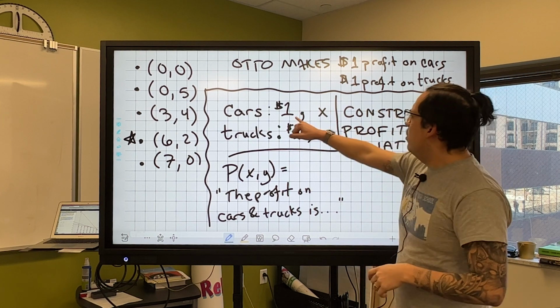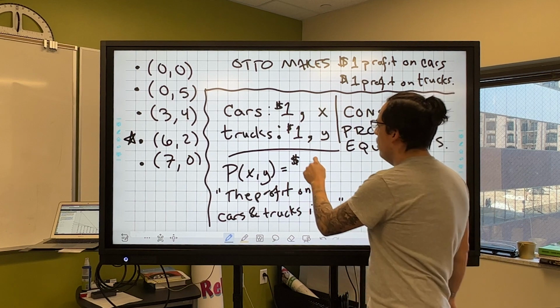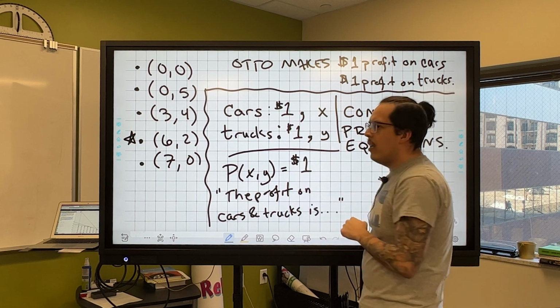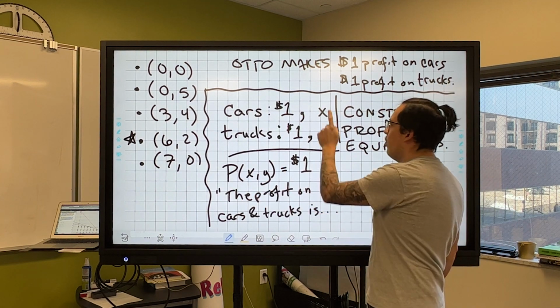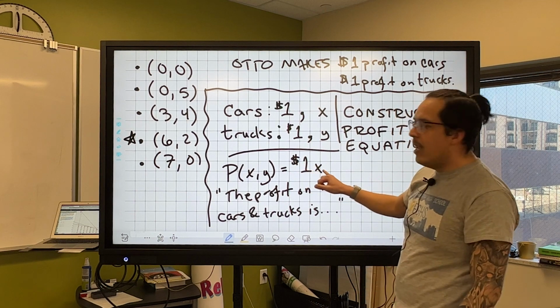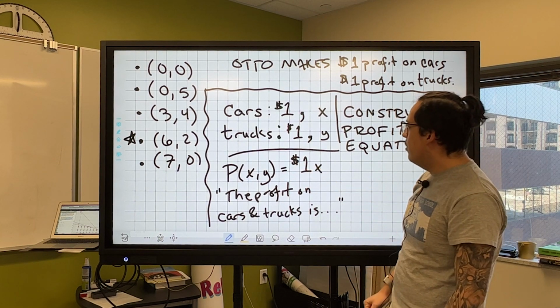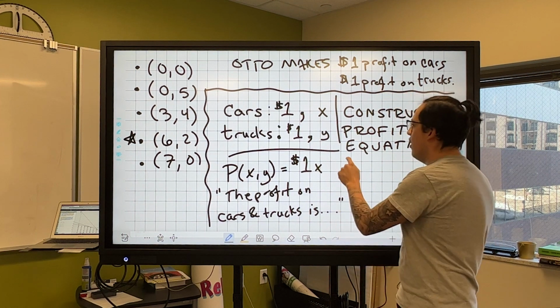Well, we know it's $1 profit for every car that we make. So if we make 5 cars, that's $1 times 5 cars. If we make some unknown number, it's $1 times X number of cars. The amount of profit we make on trucks is $1 profit on trucks.